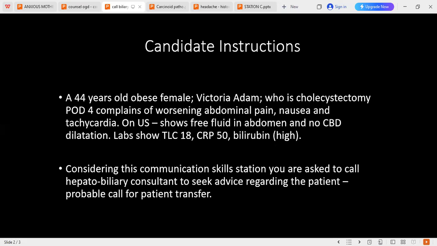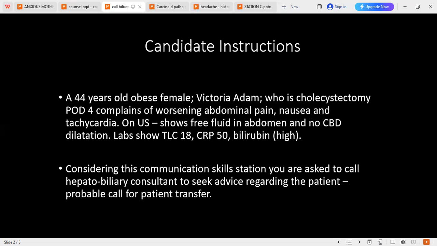So normally, what are the places from where bile can leak? It can leak from the cystic duct stump. It can leak from an accessory cystic duct. It can also leak from the common bile duct if there's a direct injury to the common bile duct. It can also leak from the liver bed or when there's a duodenal injury, since the bile enters through the ampulla of Vater. So injury to the duodenum too can cause biliary leakage.